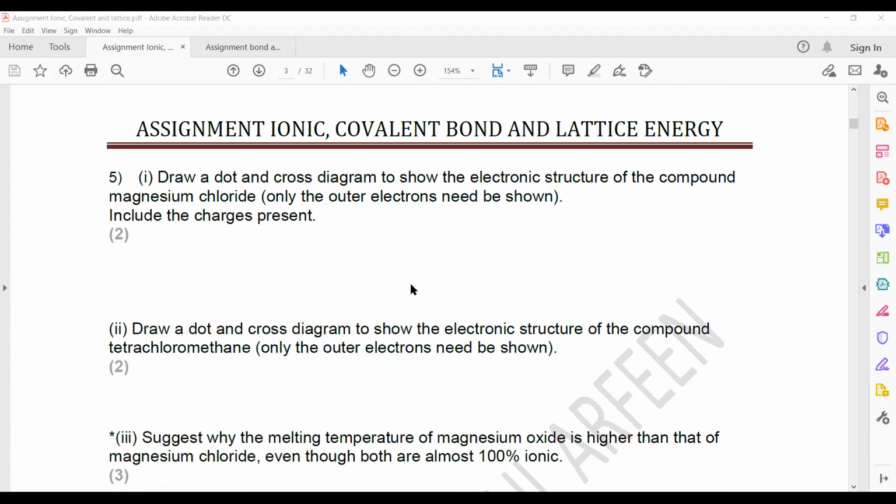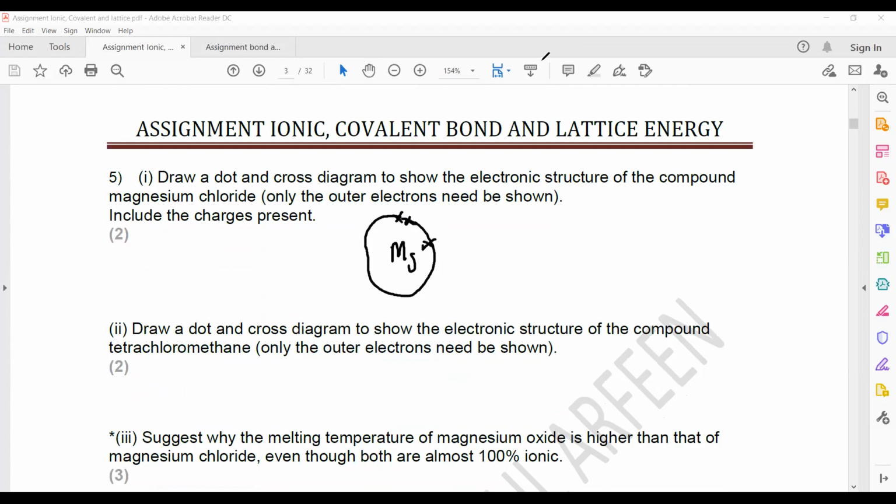Then draw a dot and cross diagram to show the electronic structure of the compound magnesium chloride. Only the outer shell electrons, include the charges. So for magnesium, the last shell you can make empty because it loses electrons, or you can make 8 electrons because that is now the valence.